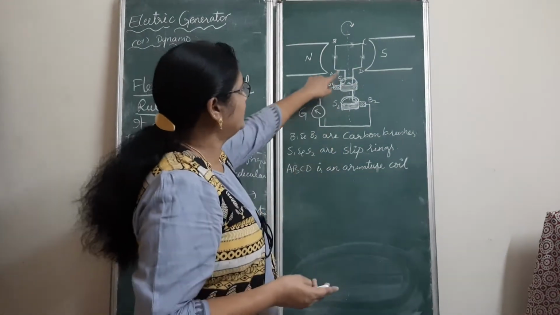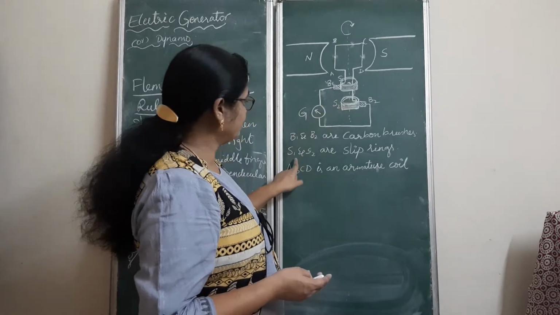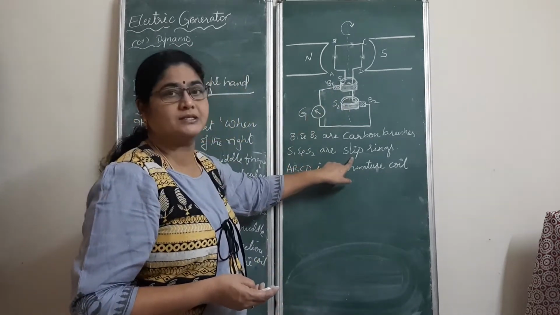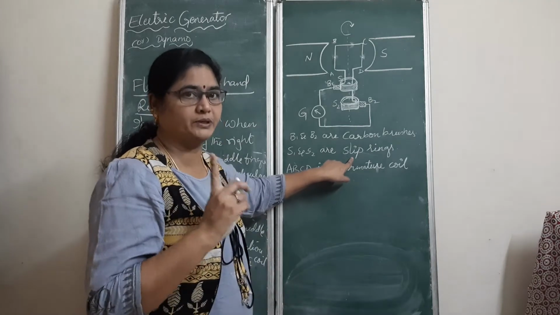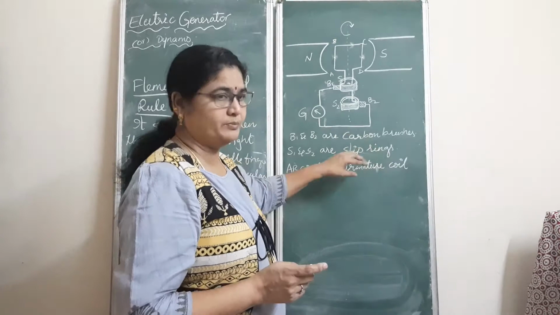The ends of the coil are connected to two slip rings. S1 and S2 are the slip rings, not split, it is slip. Why they are called slip rings, I will tell you a bit later.